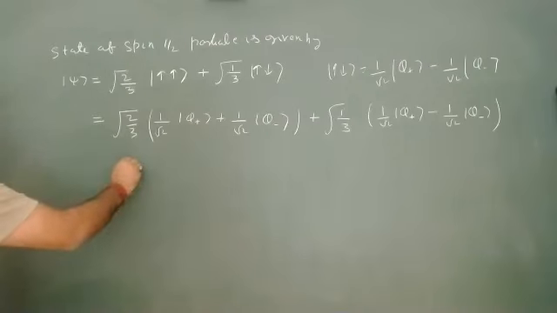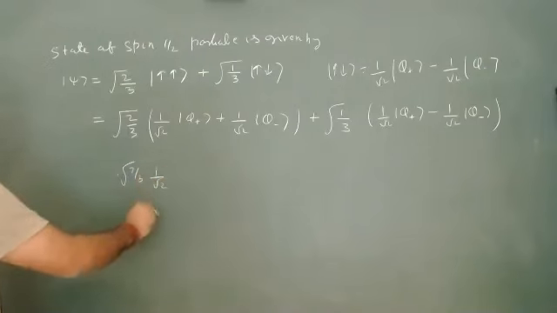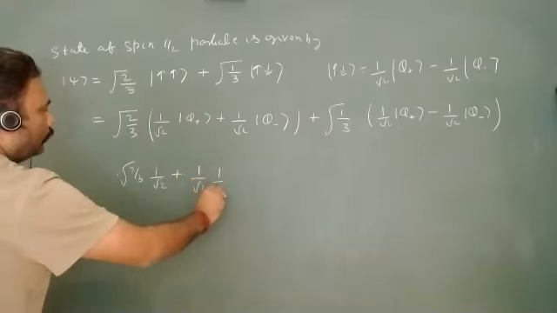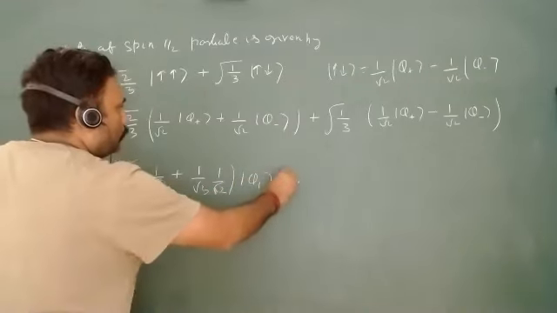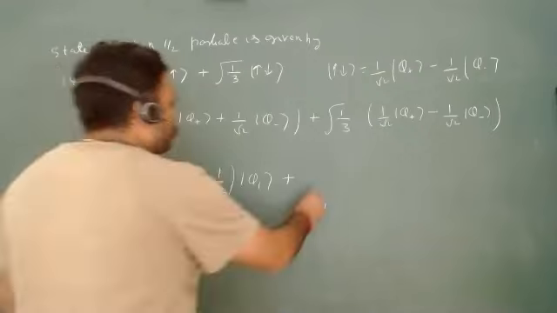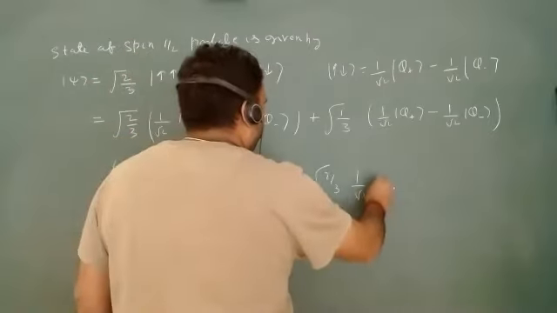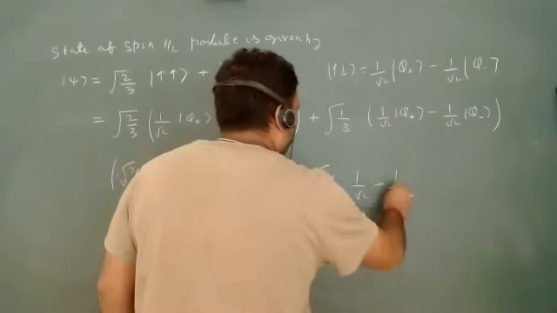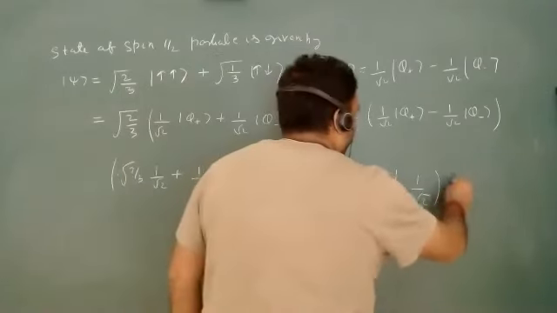You have root 2 by 3 times 1 by root 2 plus 1 by root 3 times 1 by root 2, phi plus, plus root 2 by 3 times 1 by root 2 minus 1 by root 3 times 1 by root 2, phi minus.